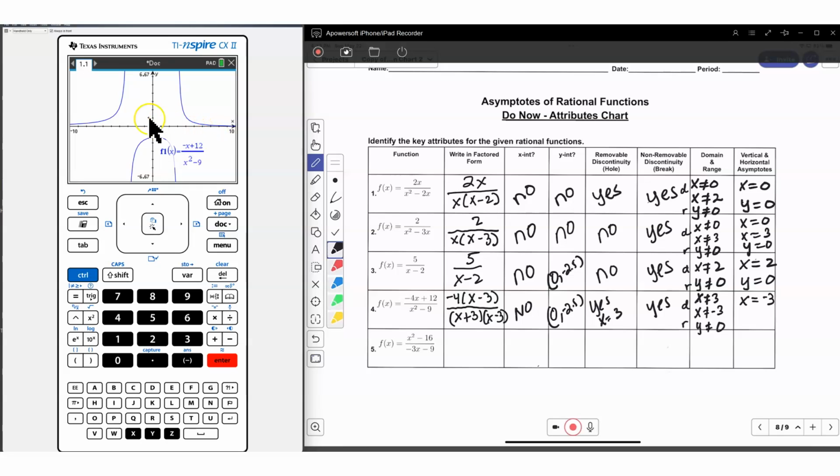Okay, so it doesn't look like it crosses the x-axis. I was missing the parentheses.